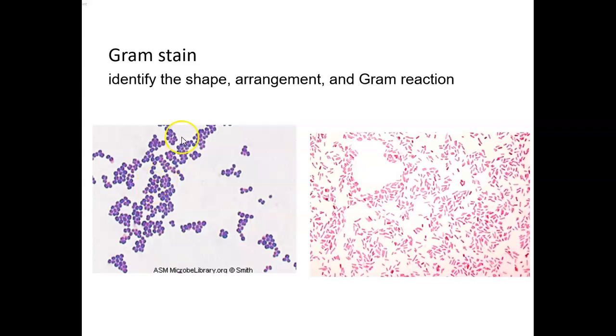So this is gram-positive Staphylococcus. Here's one. Oh, it's red. So that makes it gram-negative. They're elongated, so they're bacillus. They don't have a particular arrangement. They're just singles. So we've got gram-negative bacillus, and this is Escherichia, as in Staph aureus and E. coli.